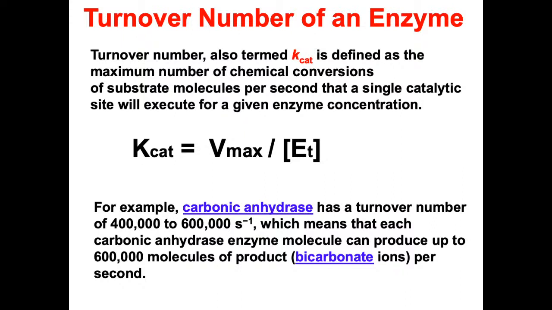That means this carbonic anhydrase enzyme molecule can produce up to 600,000 molecules of product per second. I will repeat: if the turnover number is given as 600,000 per second, the enzyme has the power to produce up to 600,000 molecules of product per second.